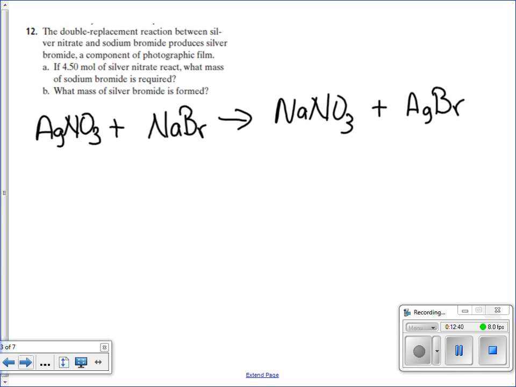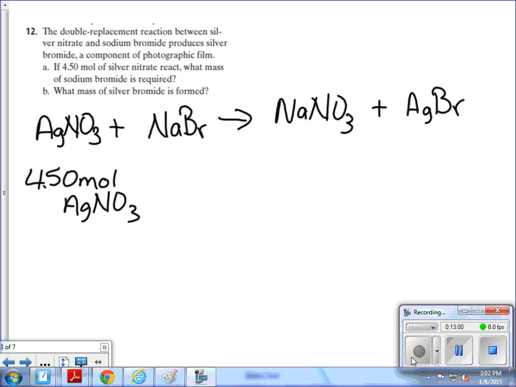All right, so question A says, if 4.50 moles of silver nitrate react, what mass of sodium bromide is required? So we're going to start with the number that's given, 4.50 moles of silver nitrate. All right, since our value is already in moles, the next step will be to do a mole ratio.